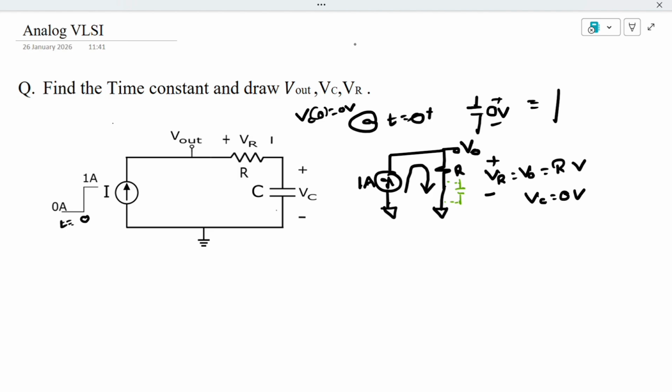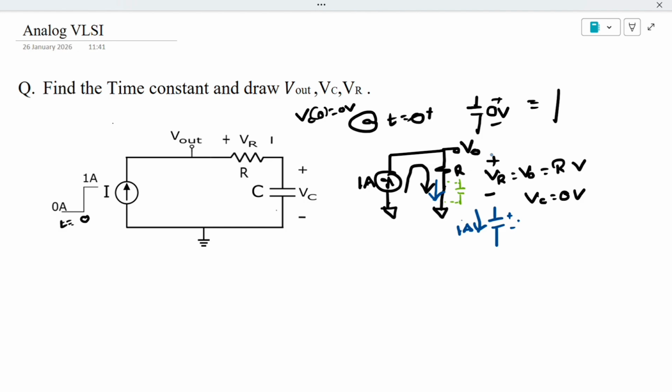Now this 1 ampere current will flow in this path of the capacitor. So if you take your capacitor like this, current is coming as 1 ampere. This current of 1 ampere will start depositing charges here, so it will start to develop voltage.